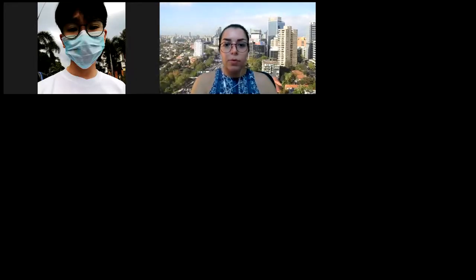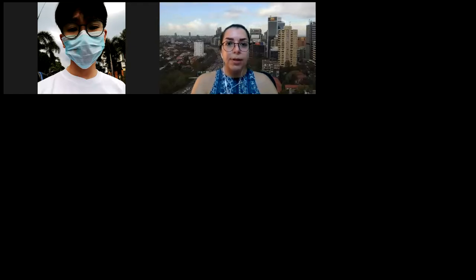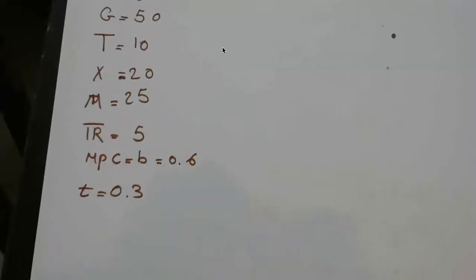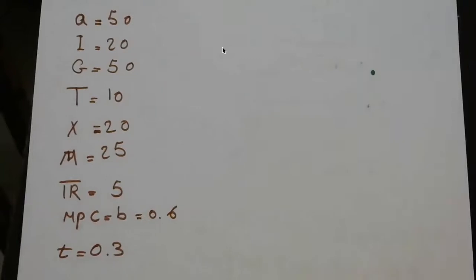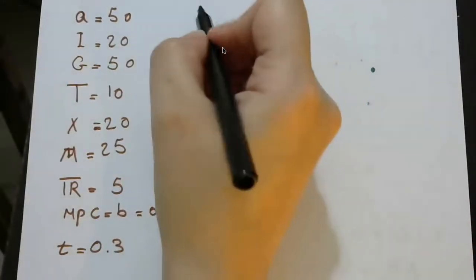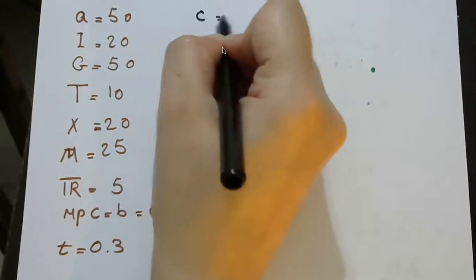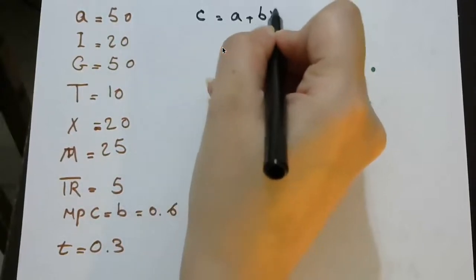I hope all of you are doing it with me. We can share the answer. This is what I have summarized for myself here. First, the consumption function. The consumption function C is A plus B YD.